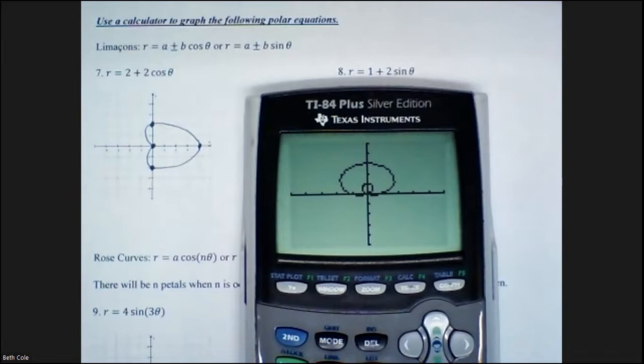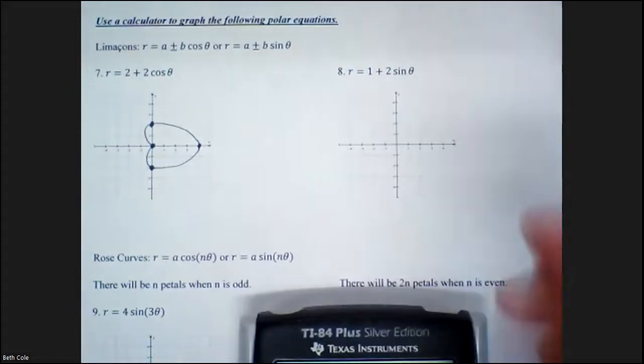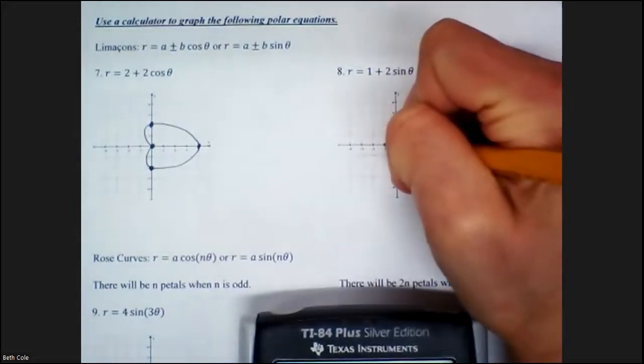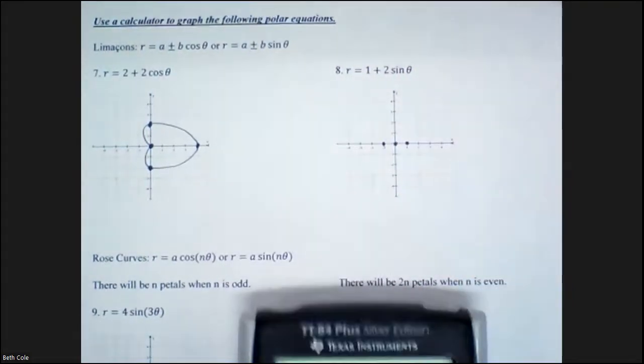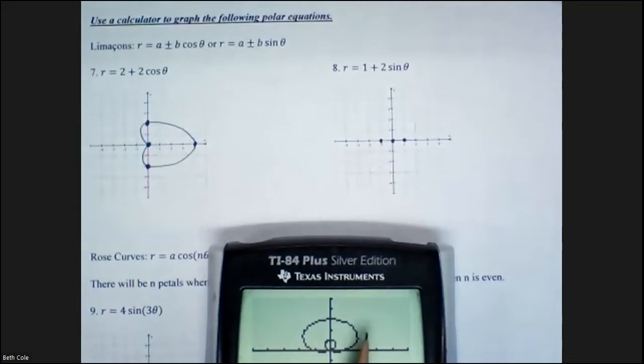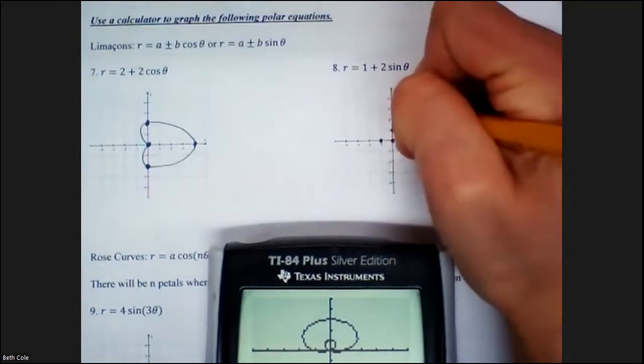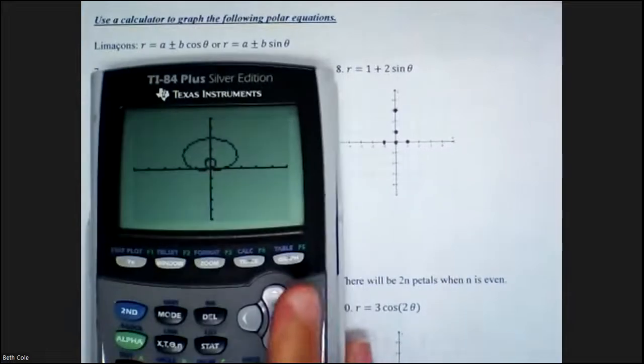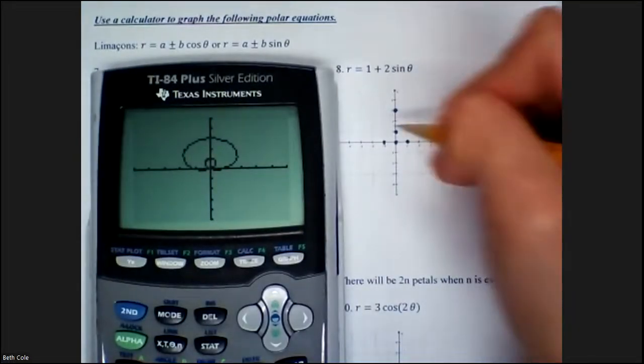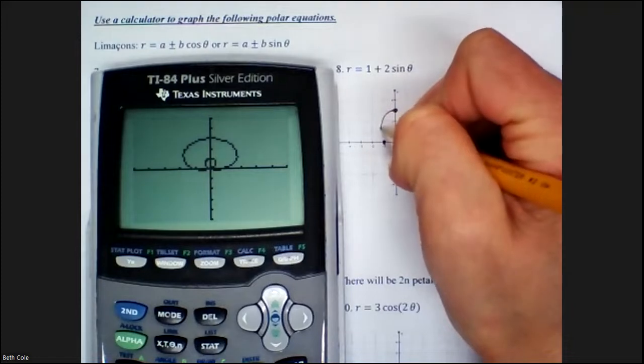A curly Q. All right, anyway, we've got points at the pole, -1, 0, +1, 0. So you can plot those. Also we've got a point at 0, 1, and 0, 3. So you're plotting all the ones that you can see, like you can tell where they are. And then you're just gonna connect it.